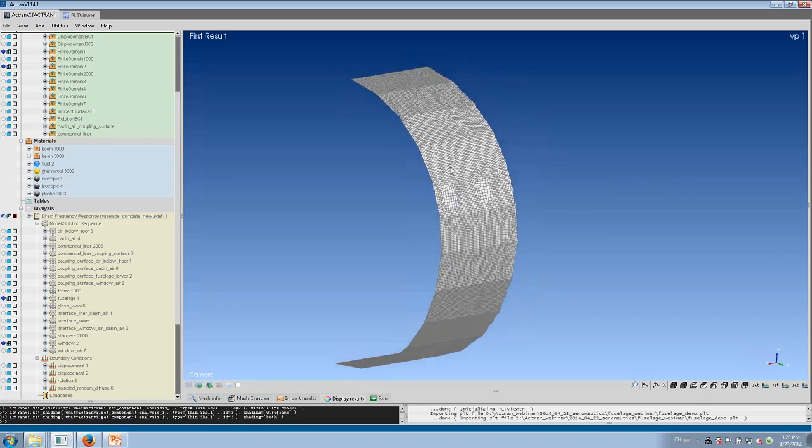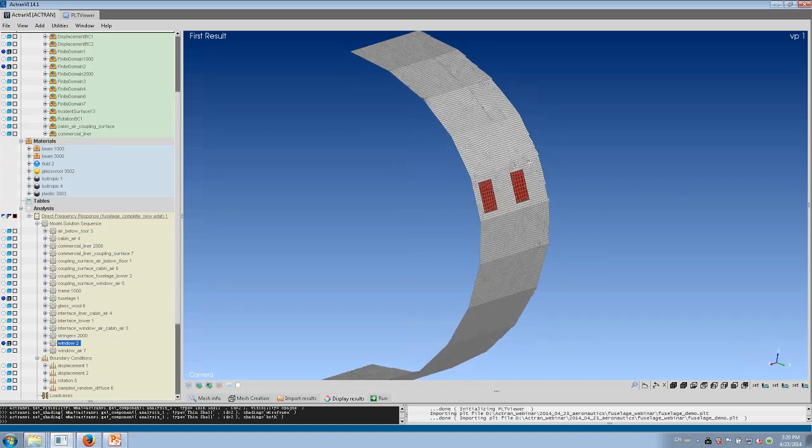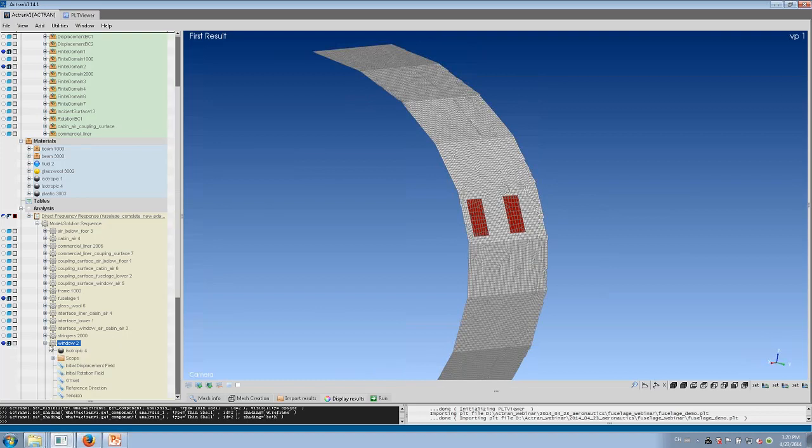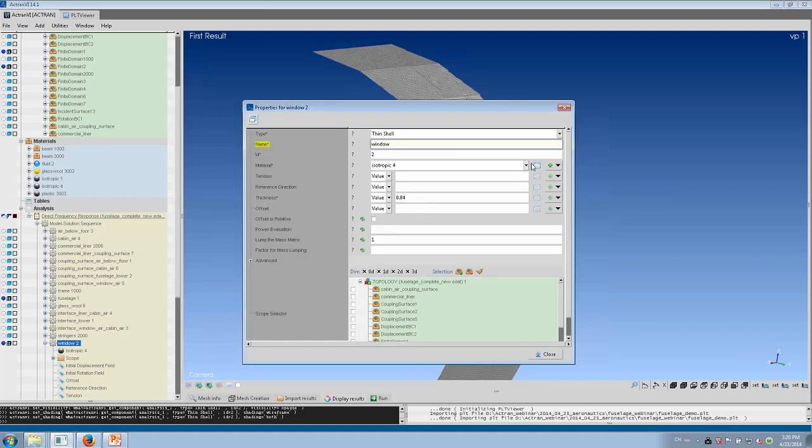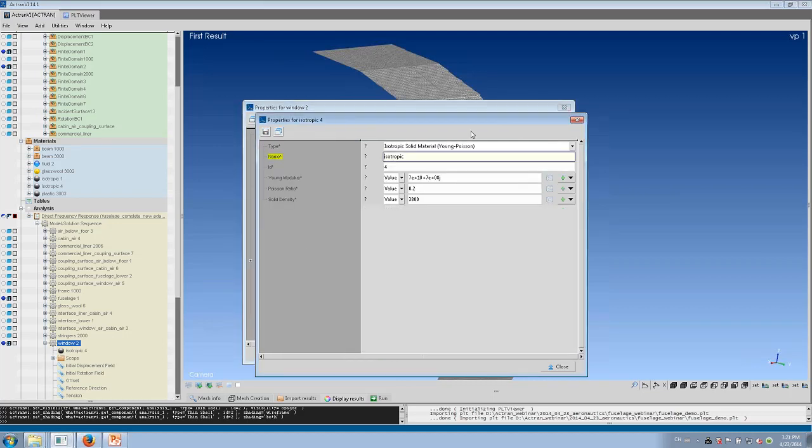Now this is a simplified model with some hypothetical properties for demo purposes, while a more realistic problem can involve a multi-layer window modeled with solid shell. For example, here in this problem, we are using a thin shell for the window that has homogeneous acoustic material properties.